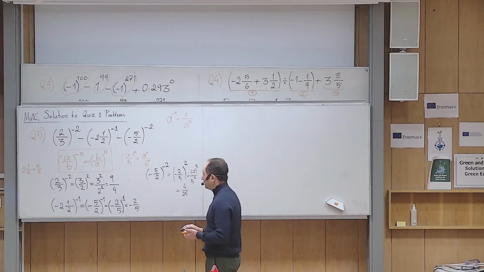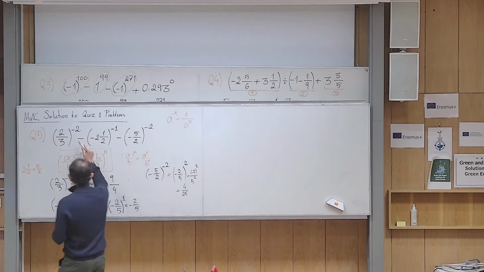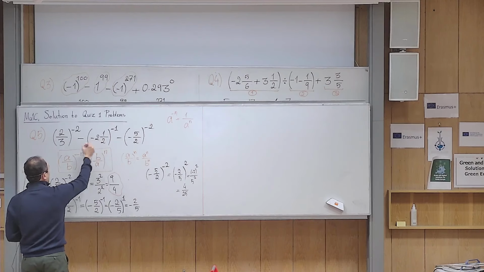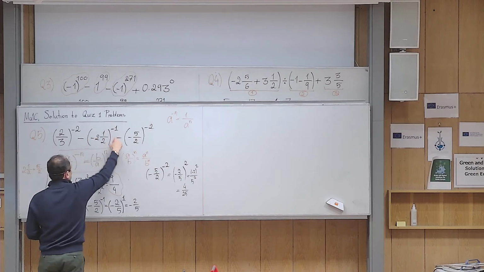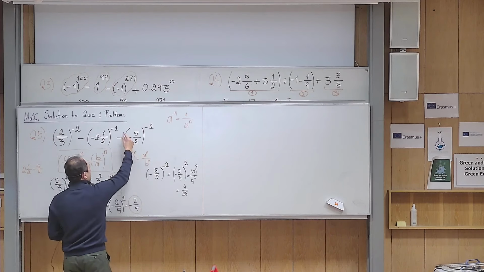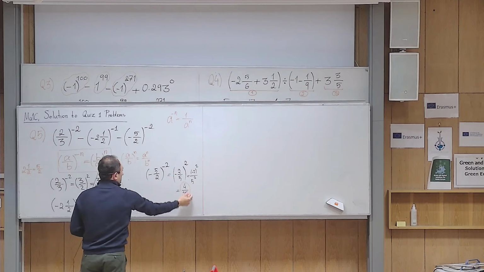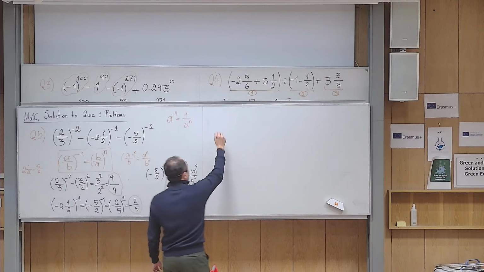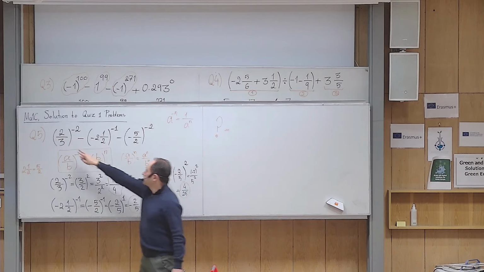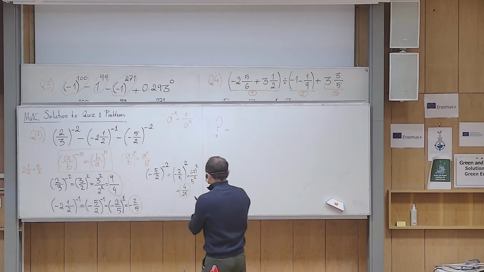Okay, again, what do I have? For the first part, I have this number. For the second part, without this minus sign, I have this number. And for this part, I have that number. So what is the question mark? Let me glue everything in one place. The first one, I write 9 over 4.